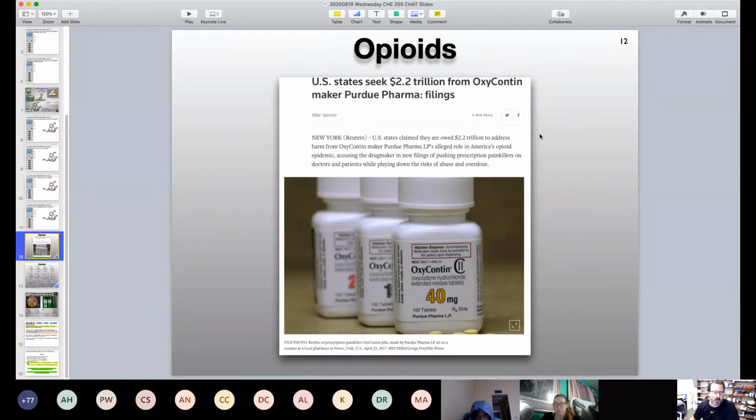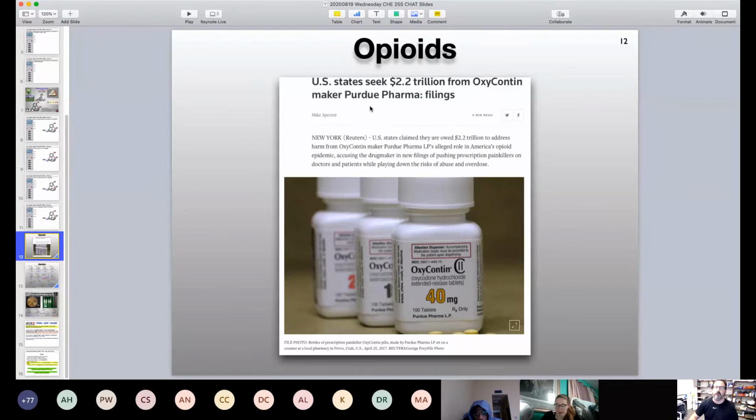So it's a pretty potent analgesic, but it is not the most potent analgesic. And the reason I bring this up is because Purdue Pharma is basically being sued by the state's attorney generals, and they're seeking a lot of money. So $2.2 trillion. Can you imagine that? The federal government budget, I think, is like $1 trillion or something.